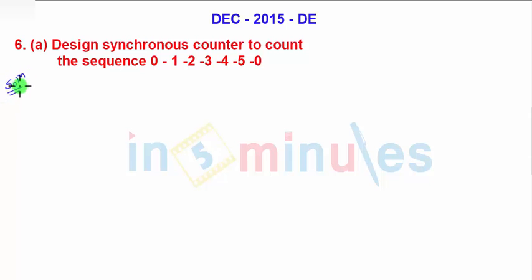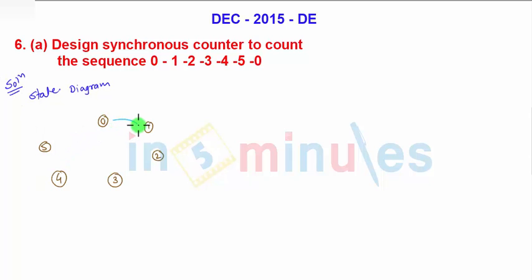First of all, in design you need to have the state diagram. So in the state diagram part, let me design it. States are written here: 0, 1, 2, 3, 4 and 5.